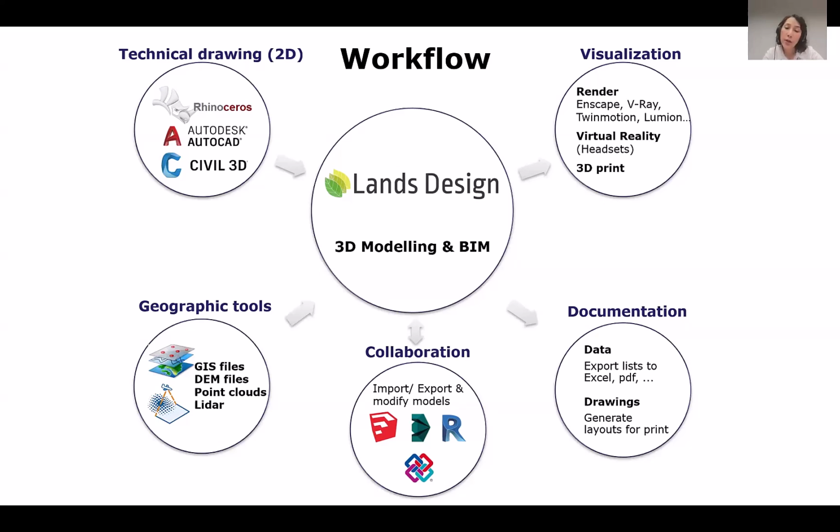We can collaborate with other programs like Revit, SketchUp, or 3ds Max. We can import or export models from them. And if we have geographic information system files, GIS files, or DEM files, digital elevation models, or point clouds, we can also open them inside Land Design and do different types of terrain modeling or operations on top of these files.